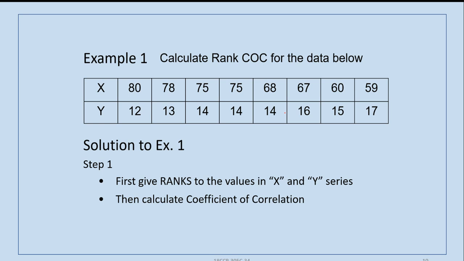We should get 8 as the last rank. For that, the smallest number we will identify is 59, I think. Yes, 59 is the smallest number. So 59 is 1. Next 60 is 2. Next 67 is 3. 68 is 4.